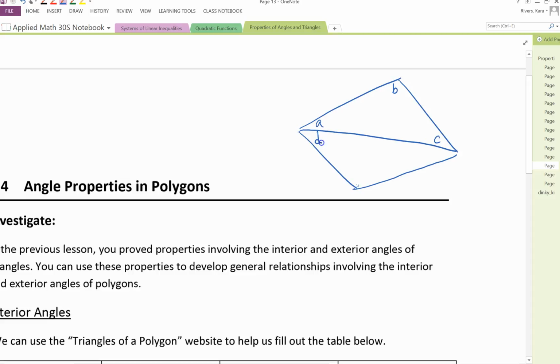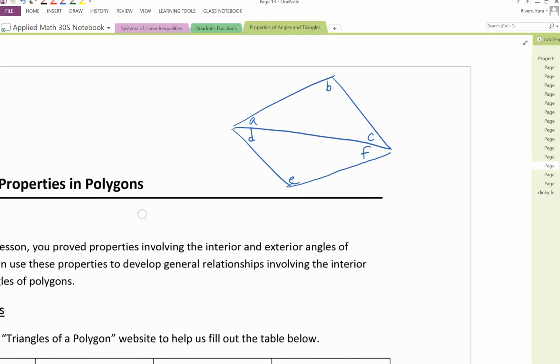But now I have D, E, and F. Well, the sum of the angles in one triangle is 180 degrees, right? So A plus B plus C is 180 degrees. And then the sum of the other angles, D plus E plus F, is also equal to 180 degrees.